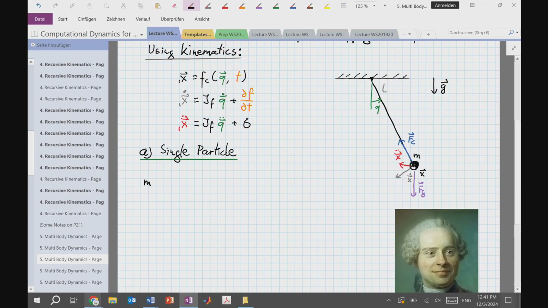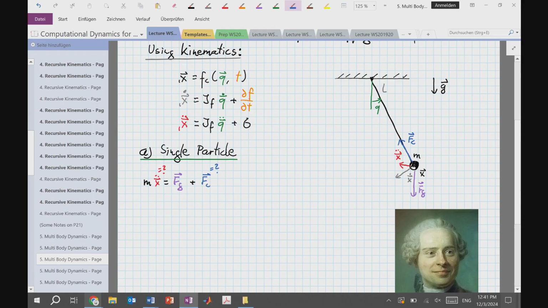And now for the single particle, I can go ahead and write down my equations of motion for a particle. Mass times acceleration equals sum of all forces, which in this case is Fg plus Fc, our constraint force. And we immediately see the problem because we would love to compute x double dot, but we can't do it because we also don't know what Fc is.